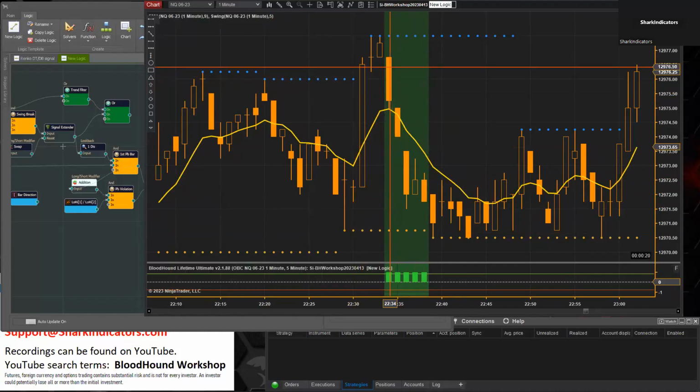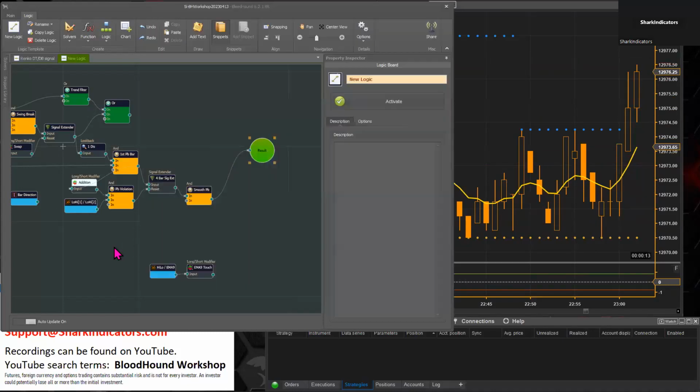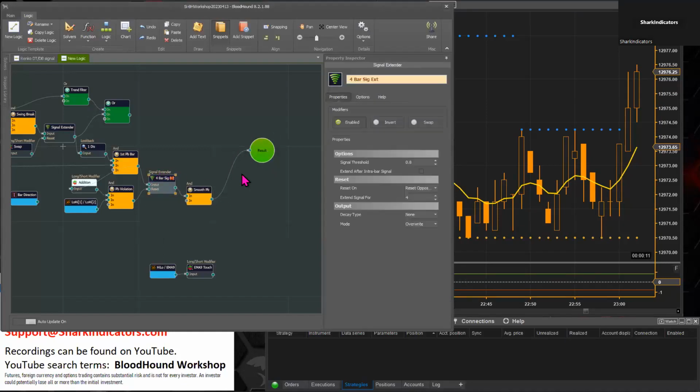Remember, you do have to set a limitation to the number of pullback bars here. And I set it somewhat conservative. I set it to 4 bars, which includes the first pullback bar.